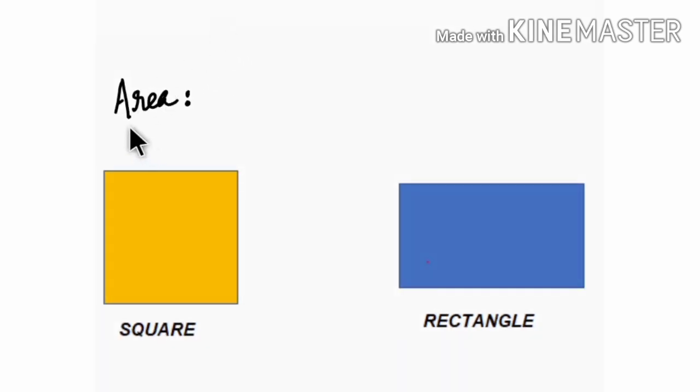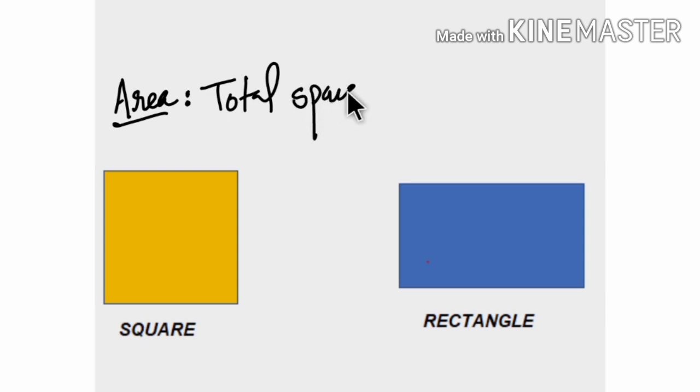Okay, now let's define what is area. Area means total space inside the boundary.